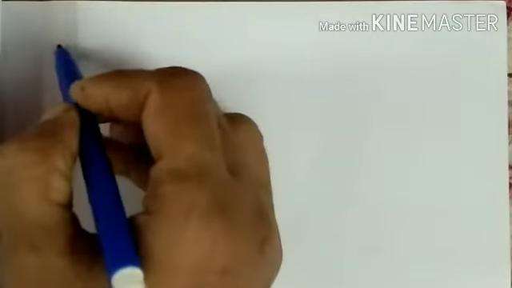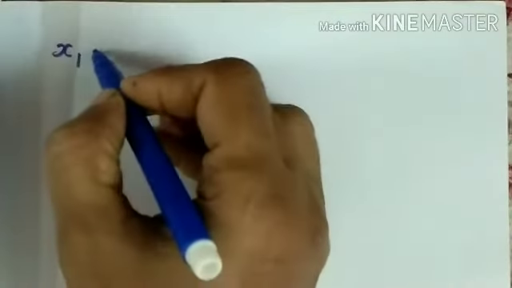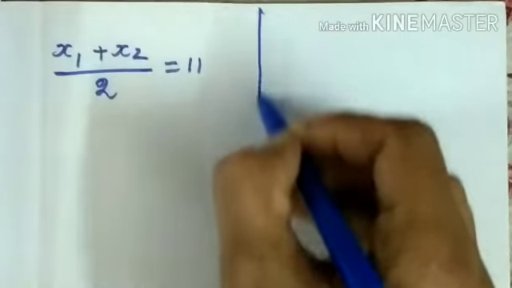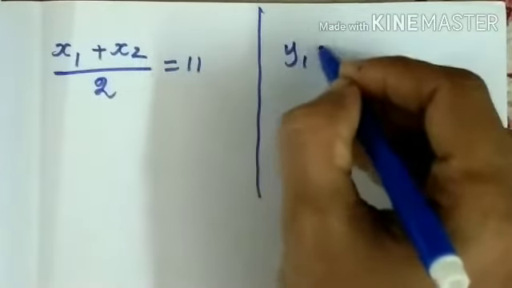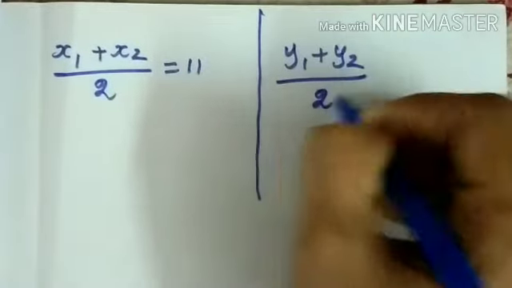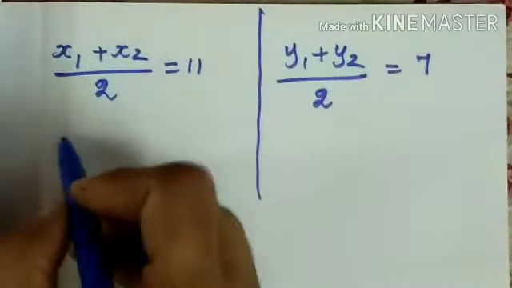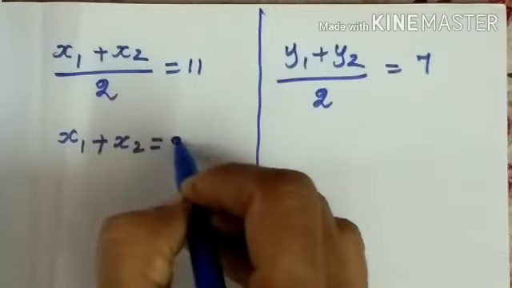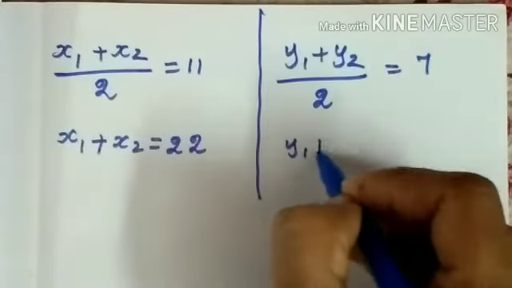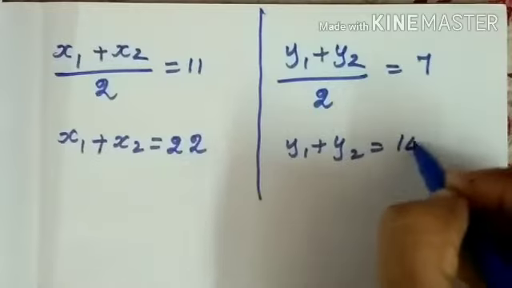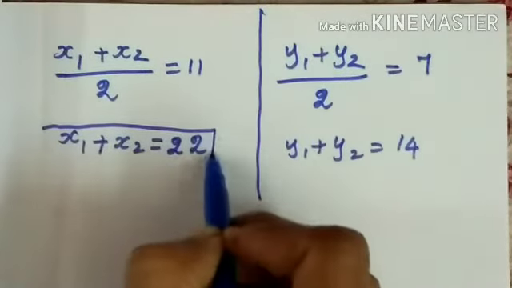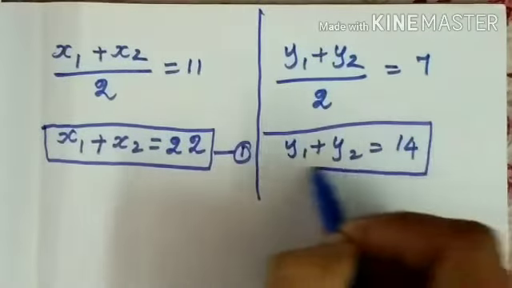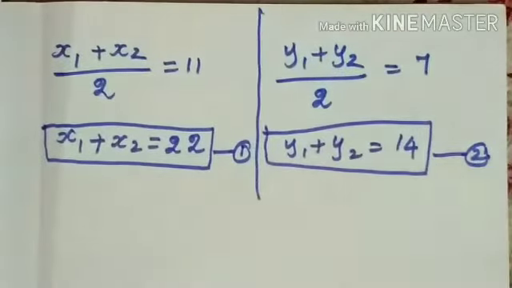Now comparing x and y coordinates, we get (x1 plus x2) by 2 is equal to 11 and (y1 plus y2) by 2 is equal to 7. Now you multiply, means we get x1 plus x2 equal to 22. Then y1 plus y2 is equal to 14. Keep this one as the first equation and this one as the second equation.